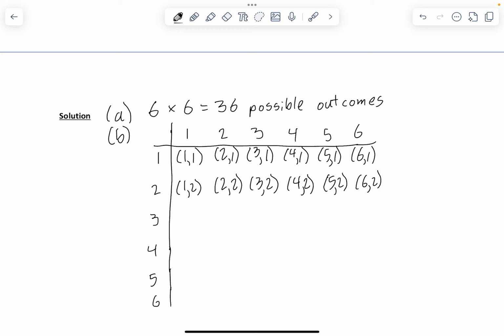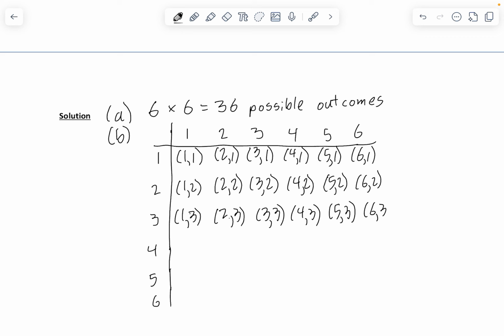I'll put in maybe one more row. So this 1,3; 2,3; 3,3; 4,3; 5,3; 6,3, and so on, right?